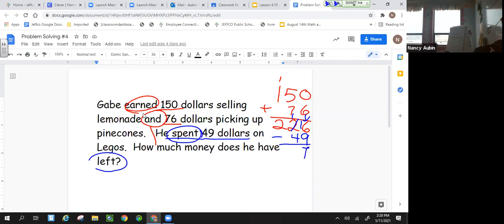Can I do 1 minus 4? No, so you're going to go to the 2 and make it a 1. Make that 11, and 11 minus 4 is 7. And 1 minus nothing is? 1. You should have gotten $177, right?